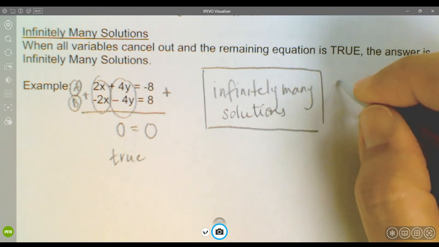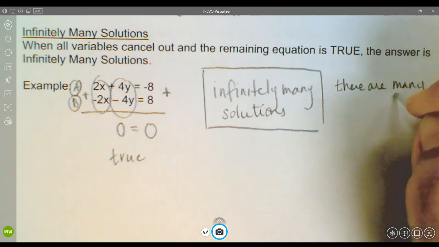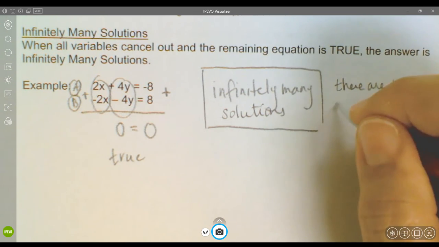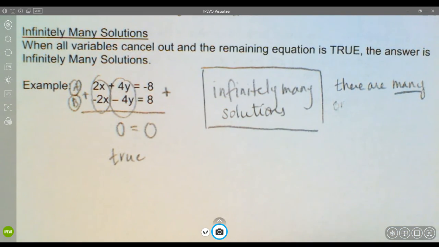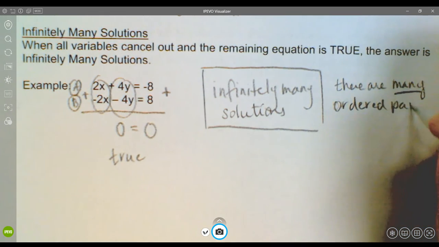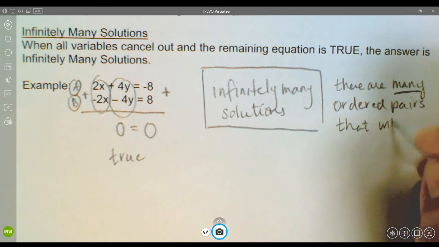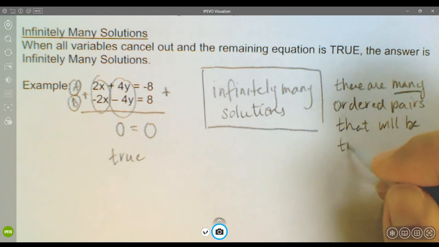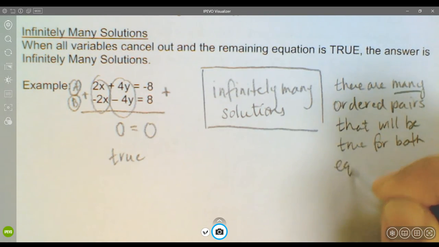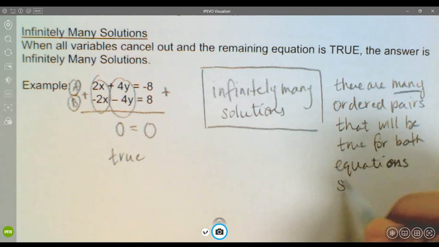Now what happens here is there's an infinite set of ordered pairs at work. There are many ordered pairs that will be true for both equations simultaneously.